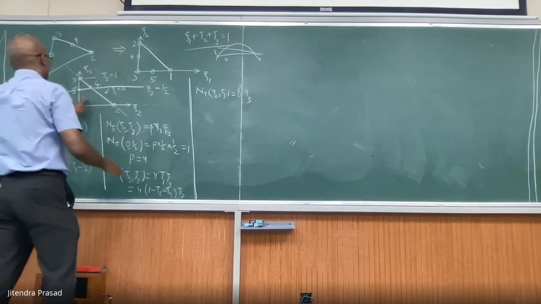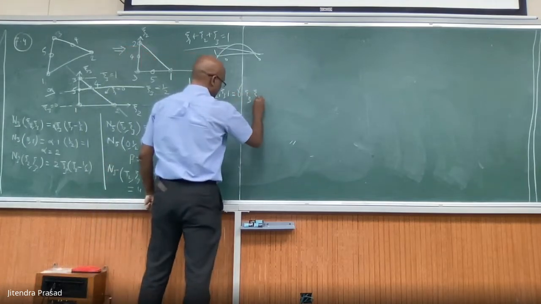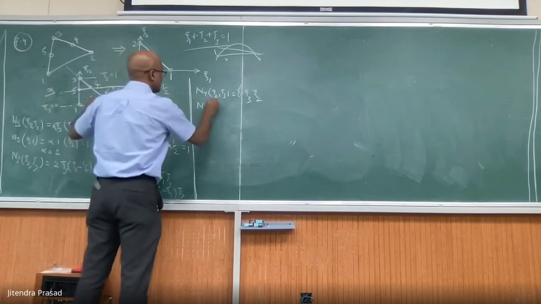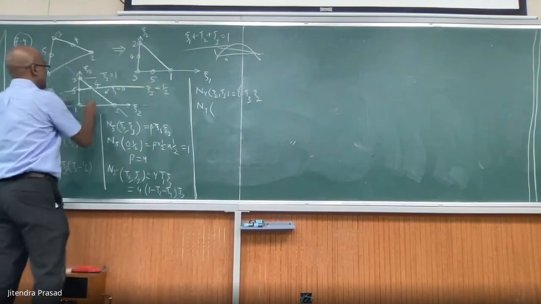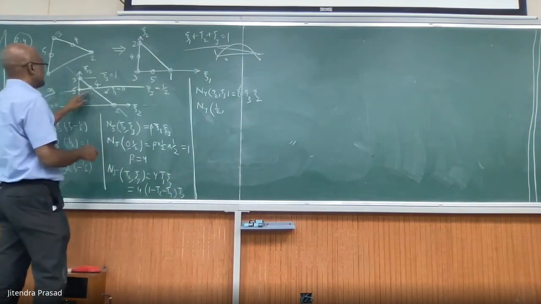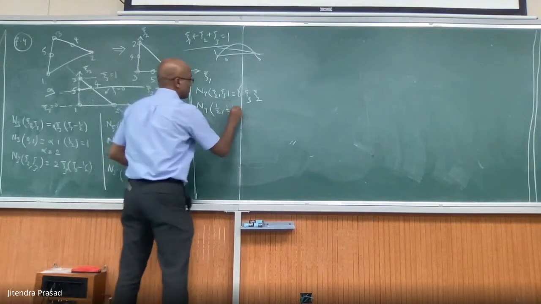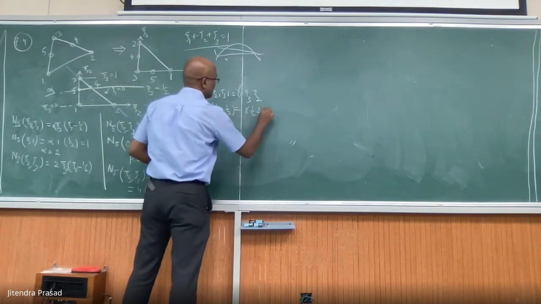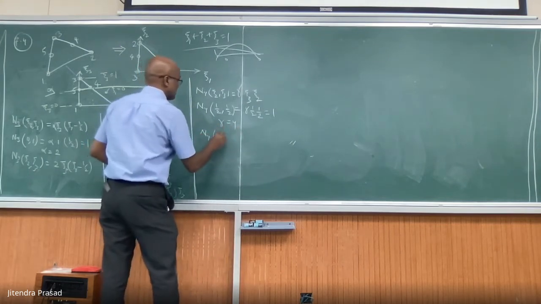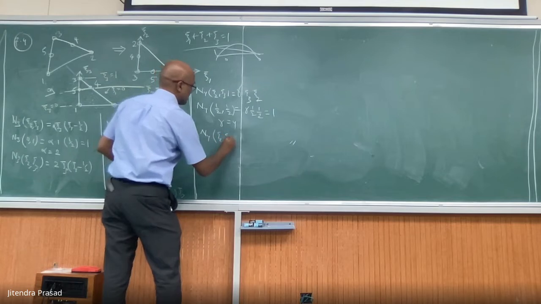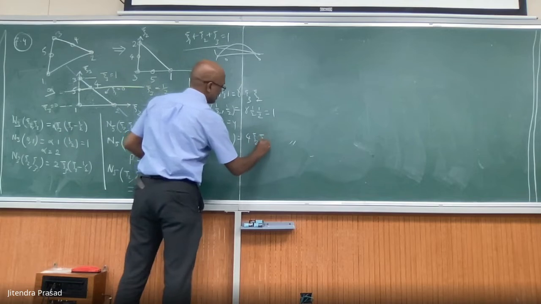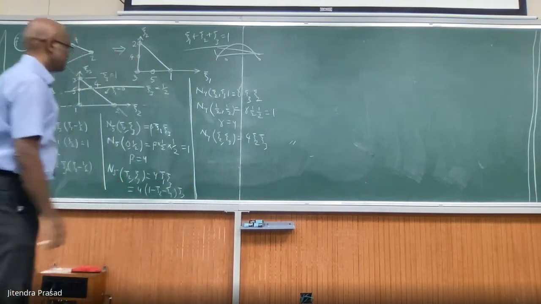So xi2 times xi3. And we know that for N4, xi2 is half and xi3 is also half. So gamma times half times half is equal to 1. So gamma equals 4. So N4(xi2, xi3) is equal to 4 xi2 xi3. We get that?